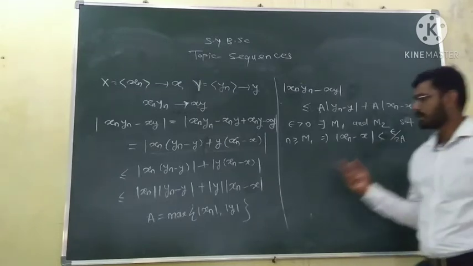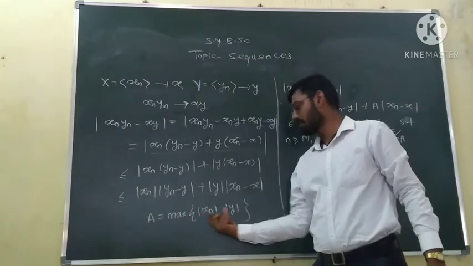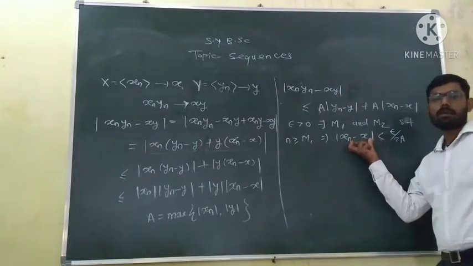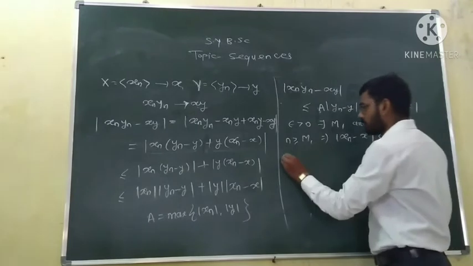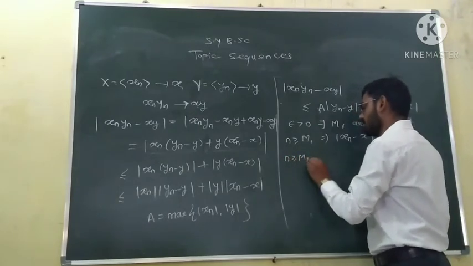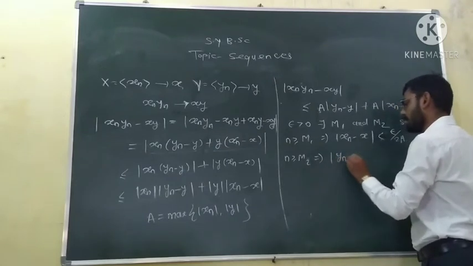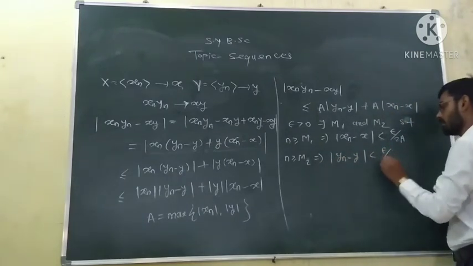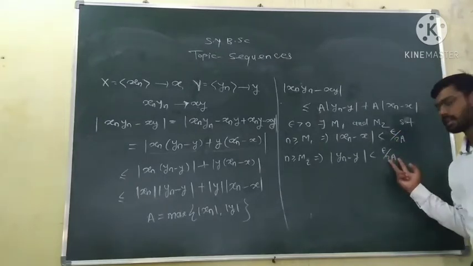Now we know a is a positive number because it is the maximum of mod of x and mod of y. So by definition, the distance between these two elements is less than some positive number. Also, whenever n is greater than or equal to m2, the distance between the sequence yn and its limit y is also less than epsilon by twice a.